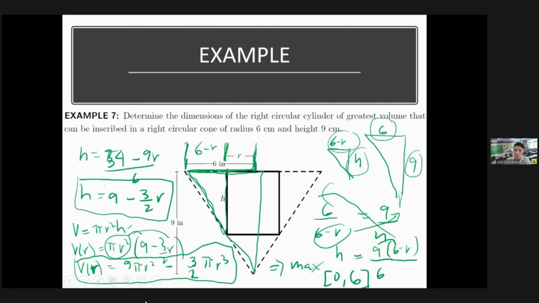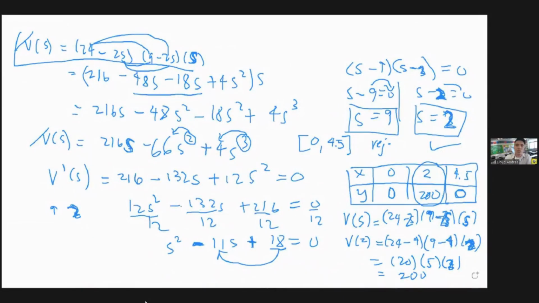Okay? So the next step is to differentiate. Again, our function is V of r equivalent to 9 pi r squared minus 3 halves pi r cubed.